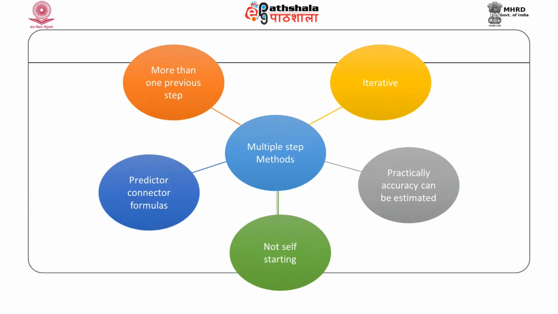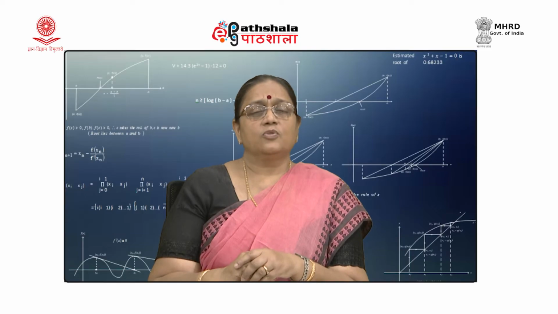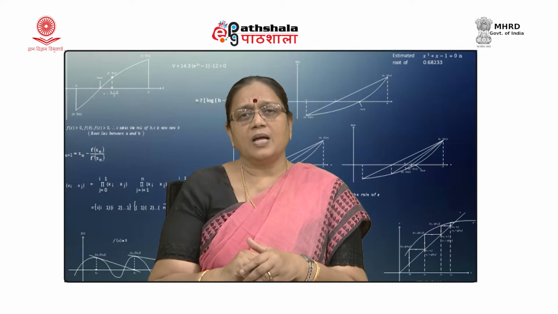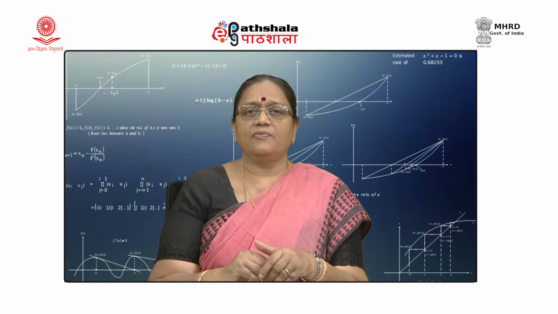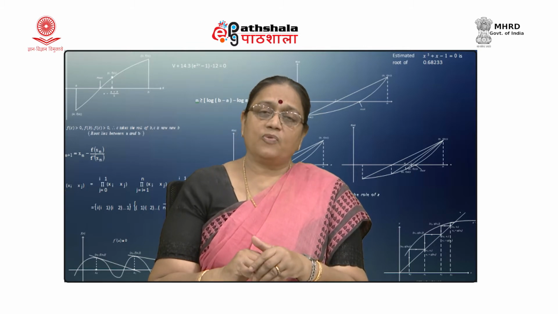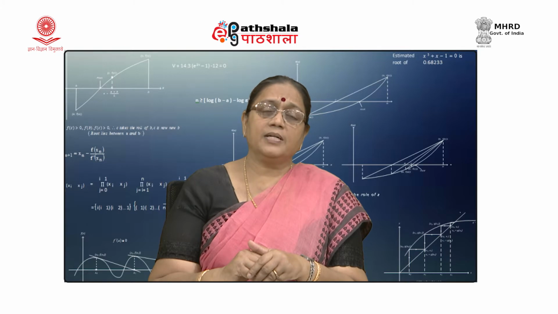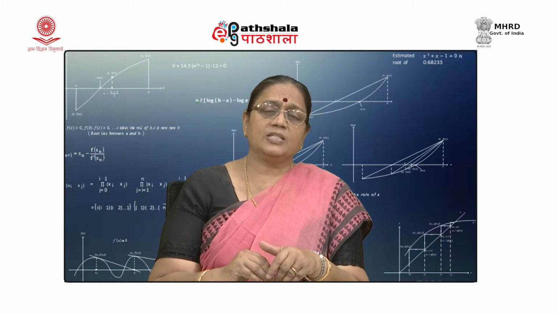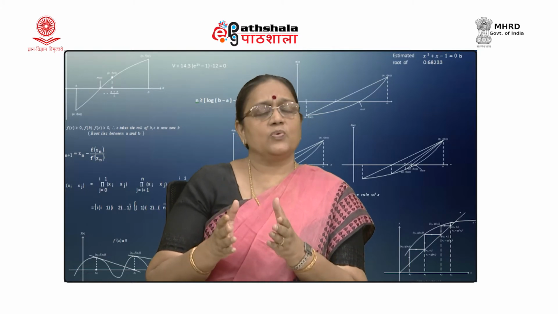Obviously, because they use more than one previous step, they will not be self-starting. Suppose a multi-step method uses the results of 3 or 4 previous steps. In order to compute y4, I need the values of y0, y1, y2 and y3. So, y at x4 can be calculated using y at x0, x1, x2 and x3.